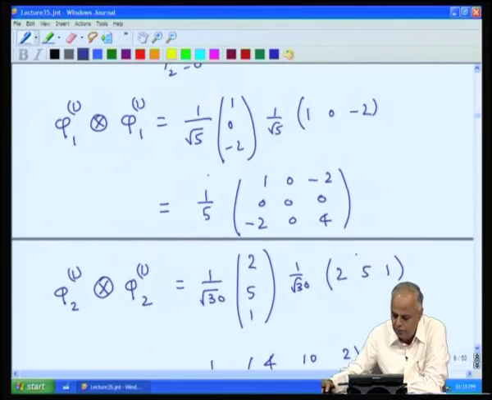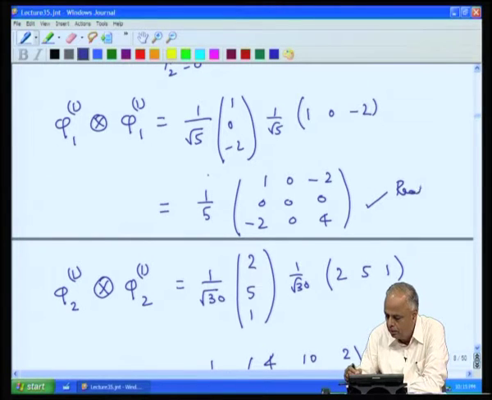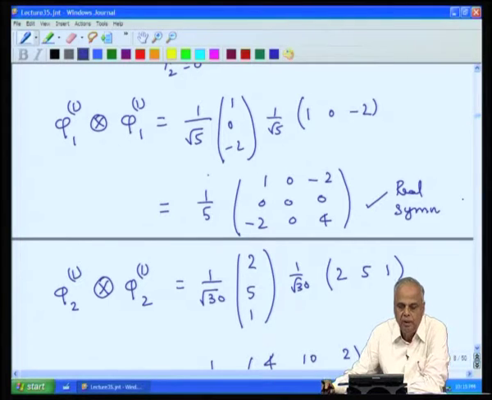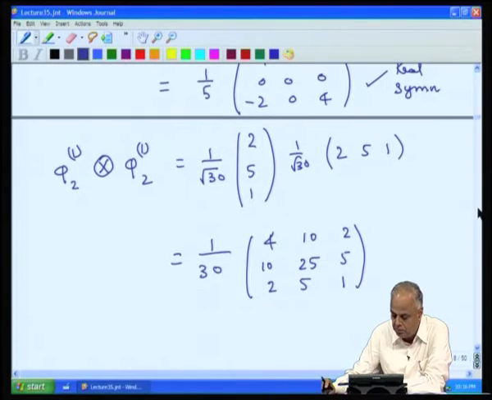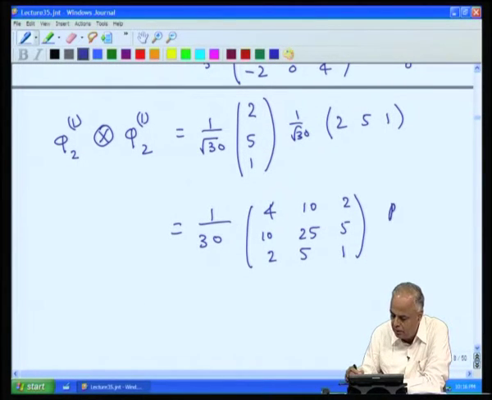Notice that this is a Hermitian or a real symmetric matrix. This is what we observed, that when you take a Hermitian vector in C n and tensor with itself, we get a Hermitian matrix. In the real case, if we take a real vector and tensor it with itself, you get a real symmetric matrix. Again, this is a real symmetric matrix.